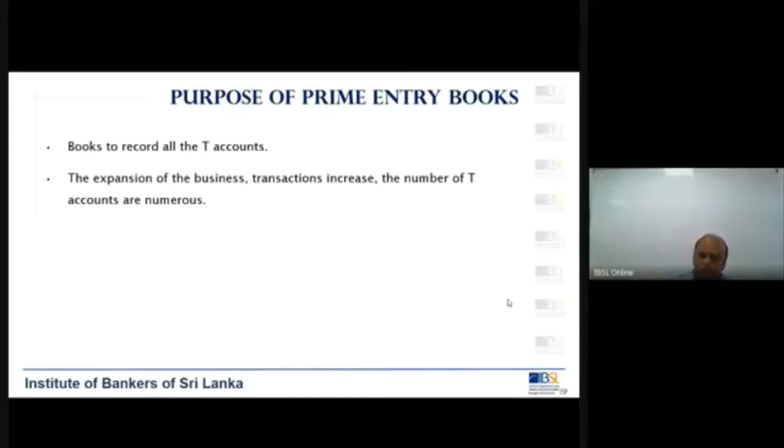The books of prime entry are theoretical, but it is very difficult to put them into practice in today's context, because day by day your business volumes increase and the number of accounts increases. So it is not practical to manage the prime entry books manually, and your computer systems are configured in such a manner to look after this requirement.